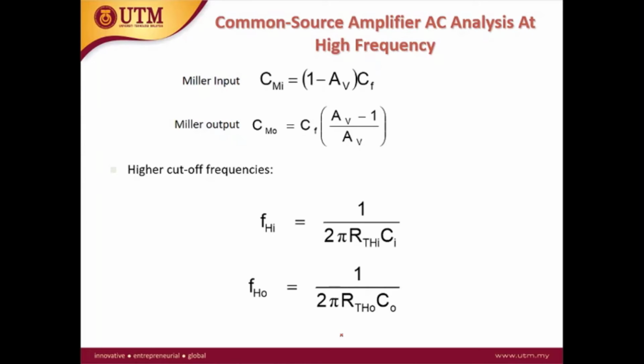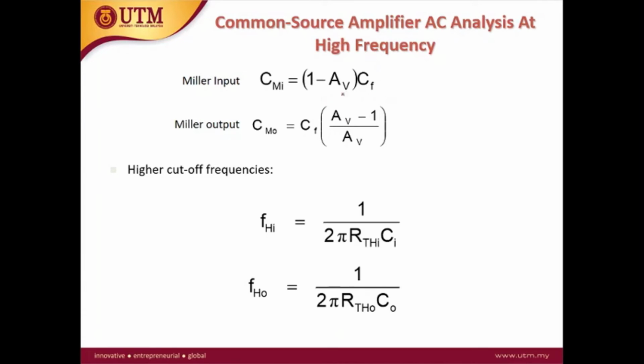Based on the equivalent circuit, you will find a feedback capacitor that connects the input side and output side. You need to remove this feedback capacitor and replace it with the Miller input and Miller output. The Miller input will belong to the input side, and the Miller output will belong to the output side. The calculation of the Miller input and Miller output is given here.